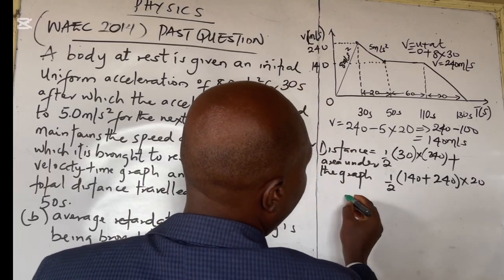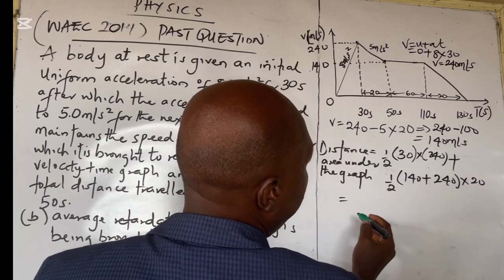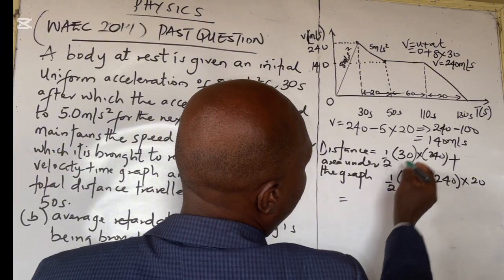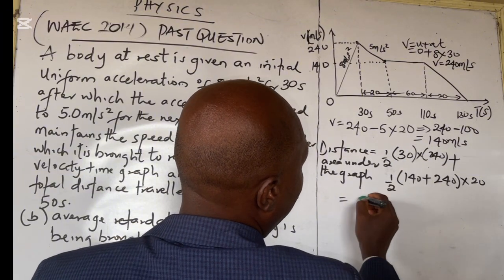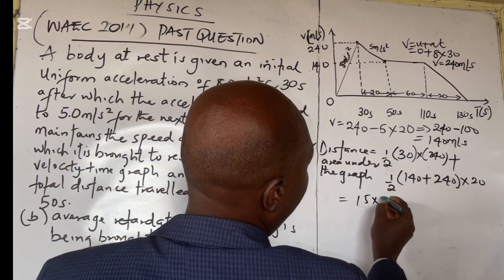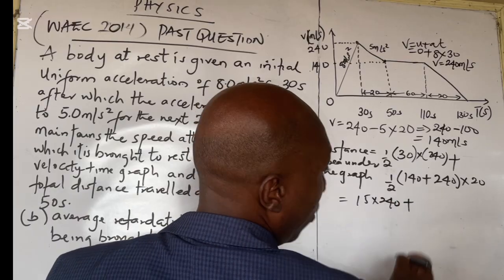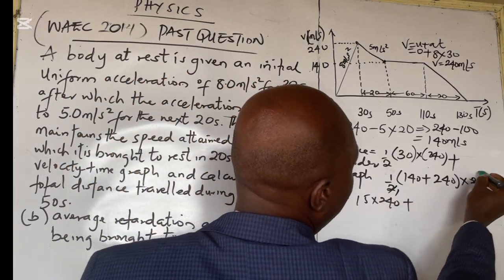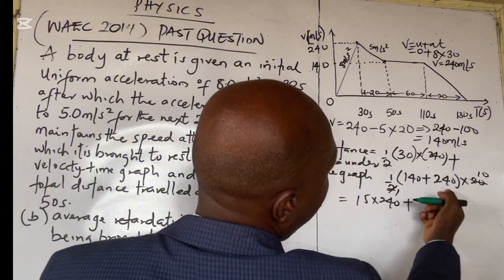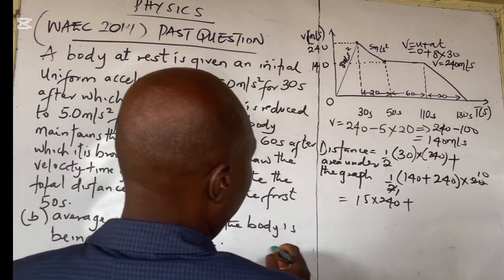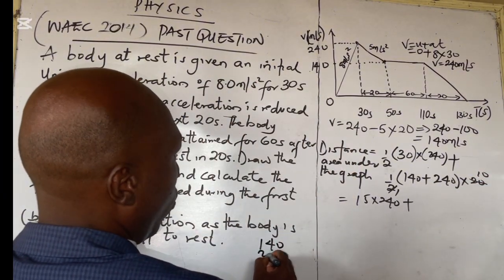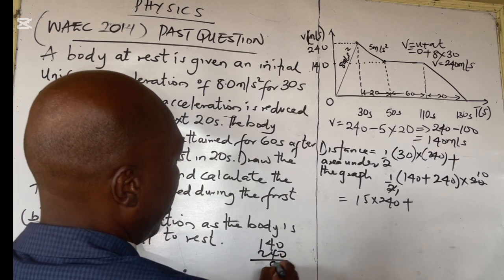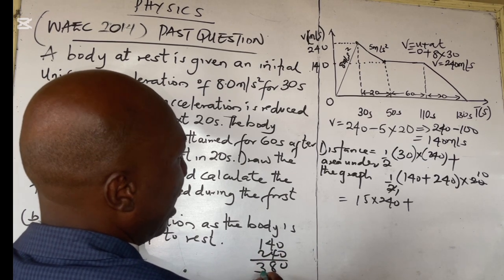So let's finish it up. We have half of 30, that's 15, times 240, plus half of 20, that's 10, times bracket 140 plus 240, that's 380.